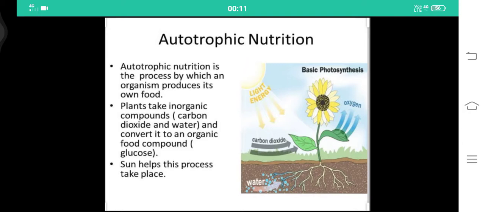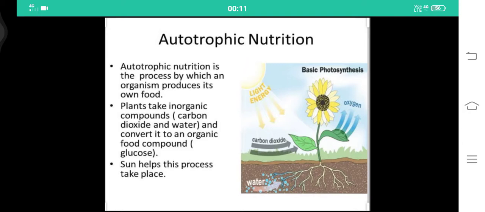Air. Clear? What about water? We are adding water to the soil or plant. So carbon dioxide and water, these are the inorganic compounds. By using these inorganic compounds, the plants convert inorganic compounds into organic compound. Which is the organic compound? Glucose. Clear?